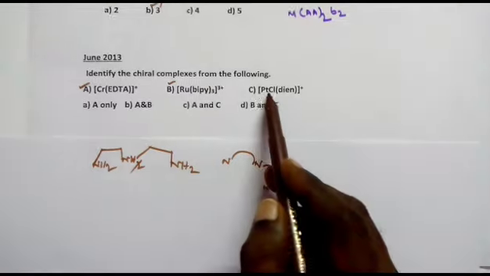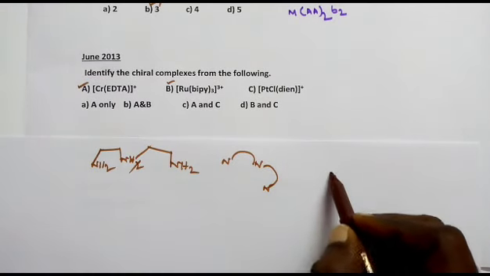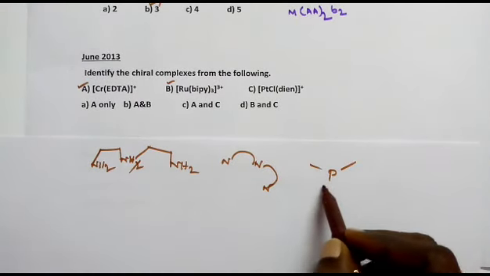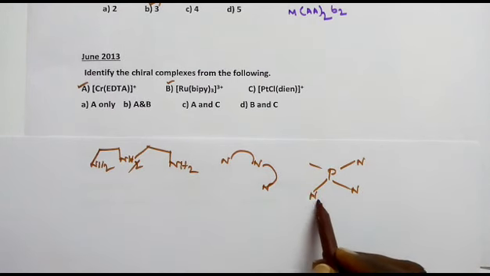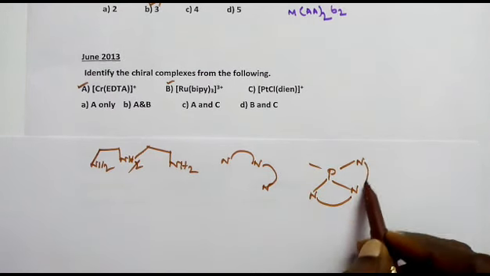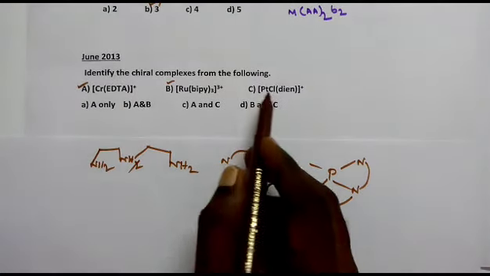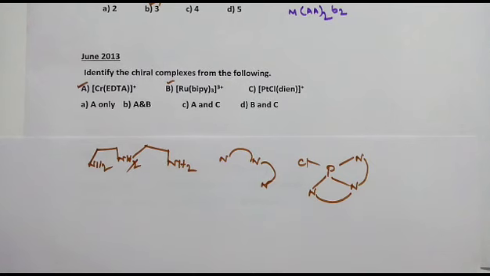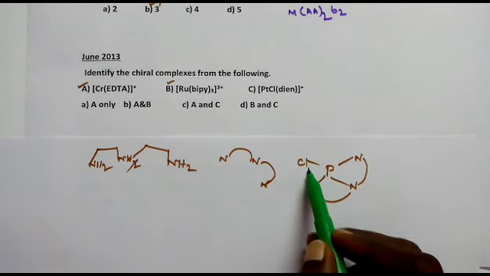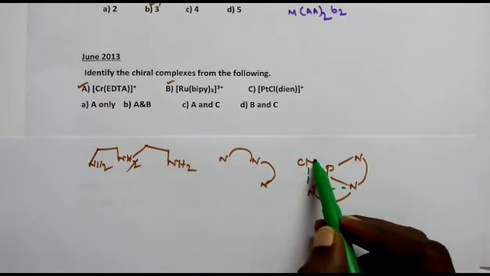So in this complex, if we draw like this, platinum, N, this is tri-N. What is remaining? Chlorine. How about this complex? Is it optically active or not? It's a square planar complex.